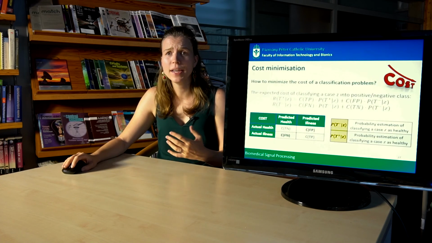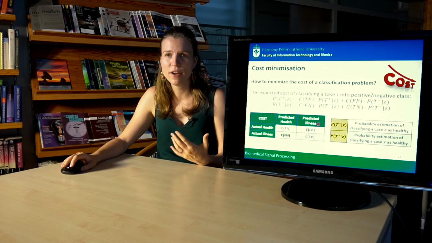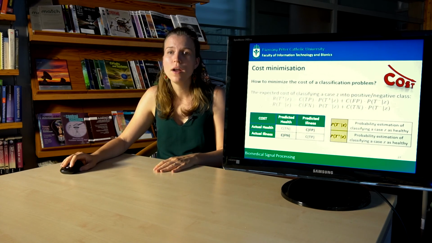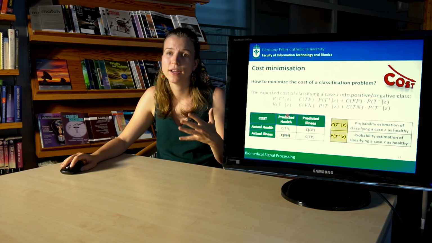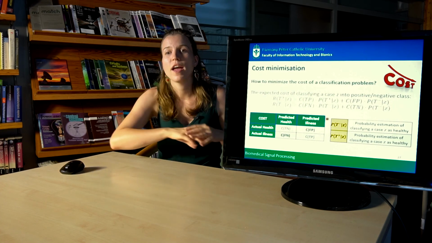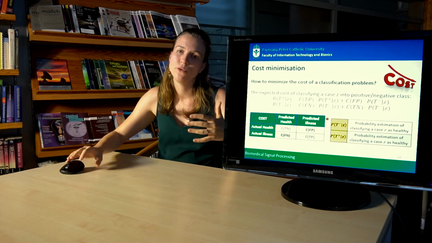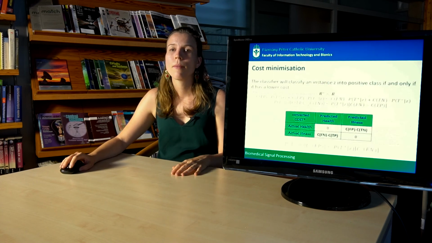And how to calculate this? You can calculate the expected cost of a classifier. This is what we have seen before, how to calculate the cost for the true positive and the true negative cases. Before we have seen the overall cost, but this will be separately for the true positive and the true negative cases.